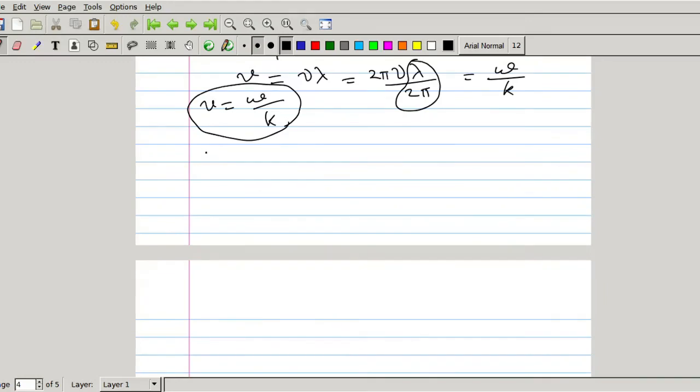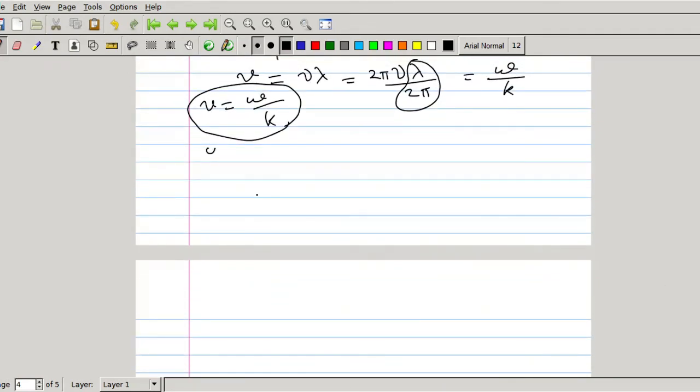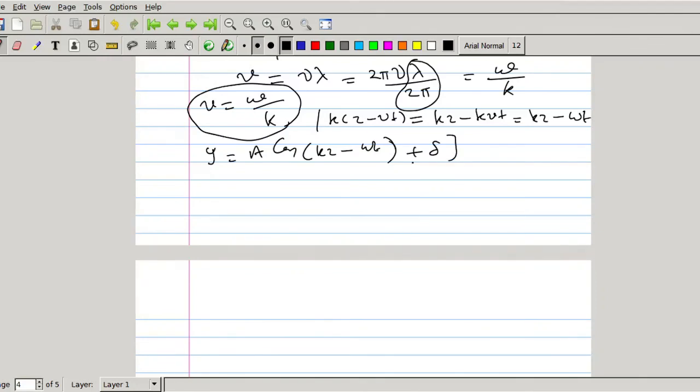So we can write the wave equation for a harmonic wave as y equal to a cos k into z minus vt plus delta. This we can write as kz minus kvt, and kv is omega, so it is kz minus omega t plus delta.